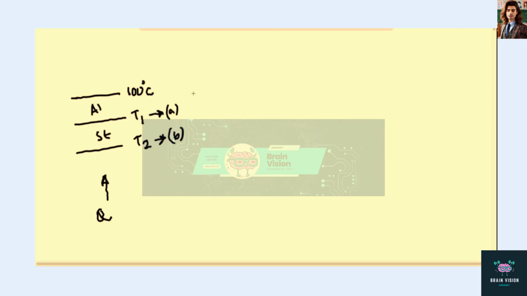Now let us concentrate on the aluminum block. So in this particular case, we will be using the formula Q equals KA over L delta T and time.